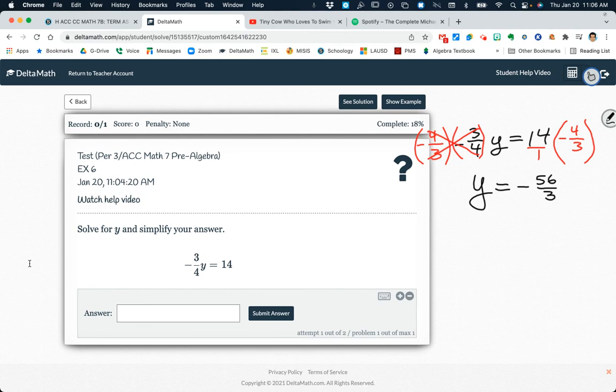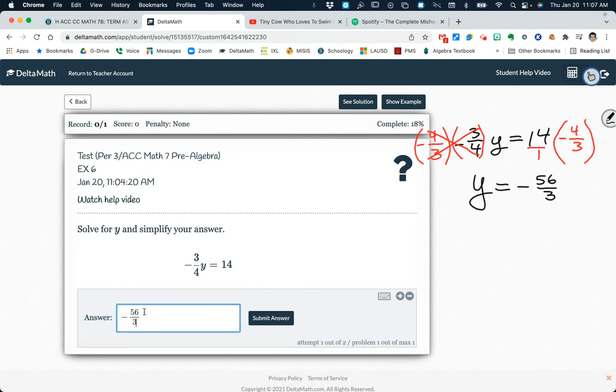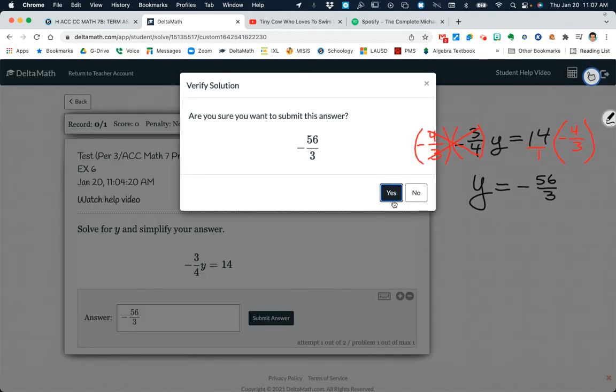Can I reduce that? So our answer is negative 56 thirds? Have you tried it, guys? Is that the answer? We can always just try it. Negative 56 thirds. Did it work? Yay.